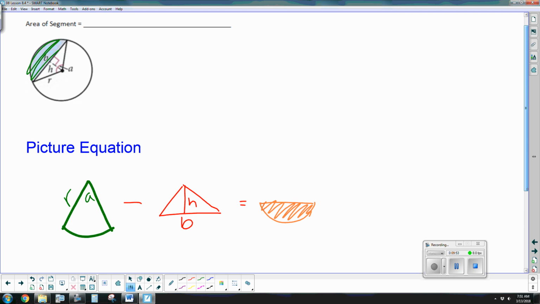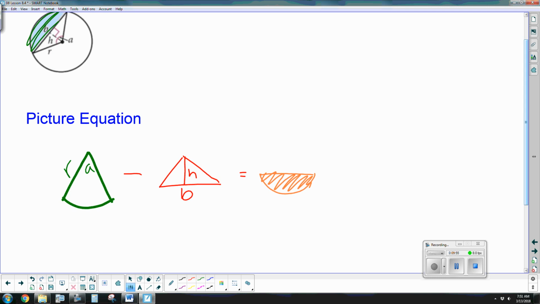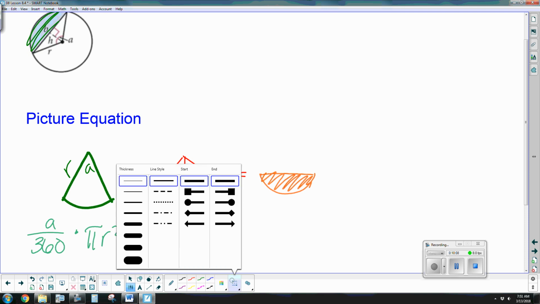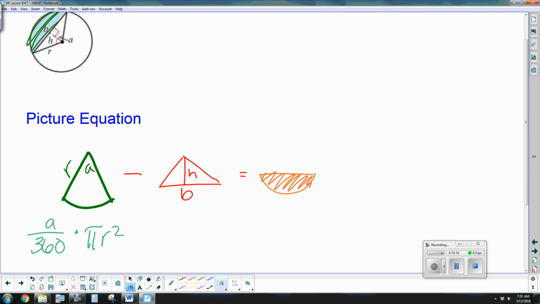So remember that the formula for the area of the sector was A over 360 times pi r squared. The area for a triangle is 1/2 base times height. So taking the difference of those two will give us the area of our segment.